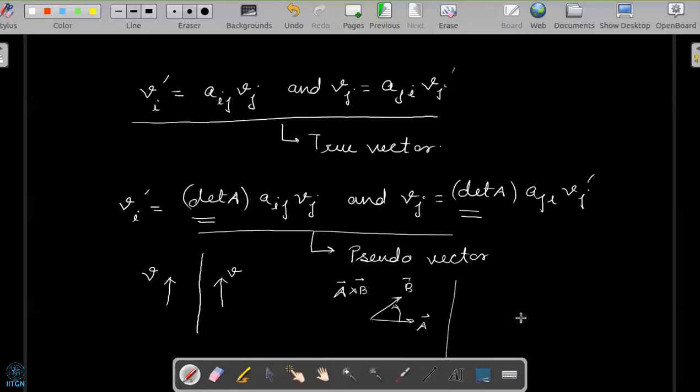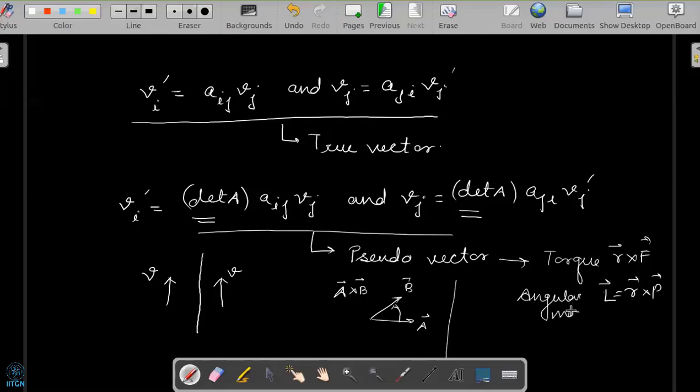you will get the opposite. So this is why generally all the torque, which is r cross f, or moment, or angular momentum L equal to r cross p, these quantities, and another thing, let's say angular velocity also.